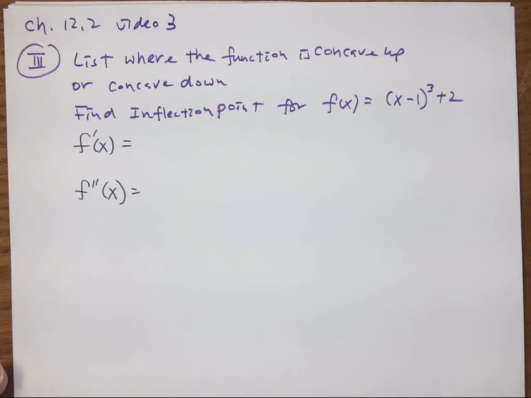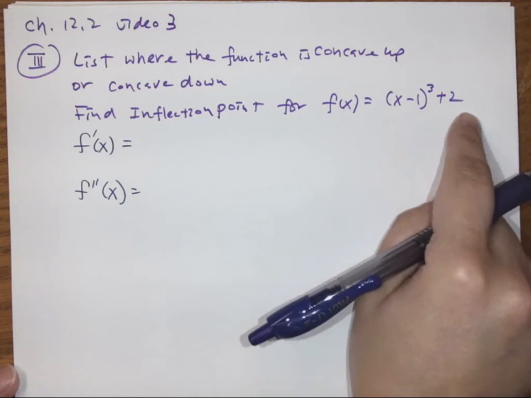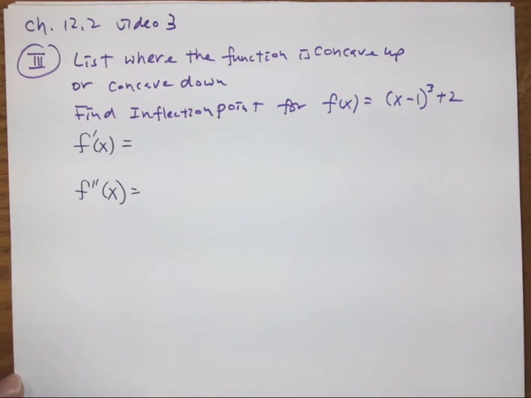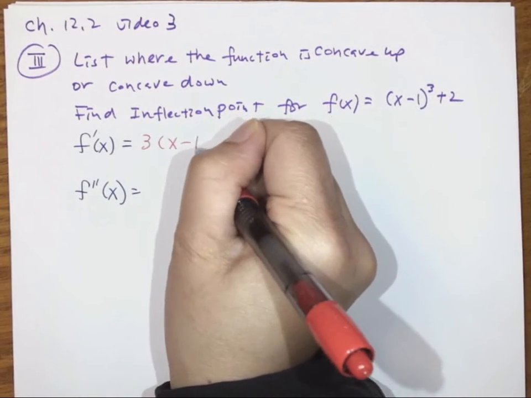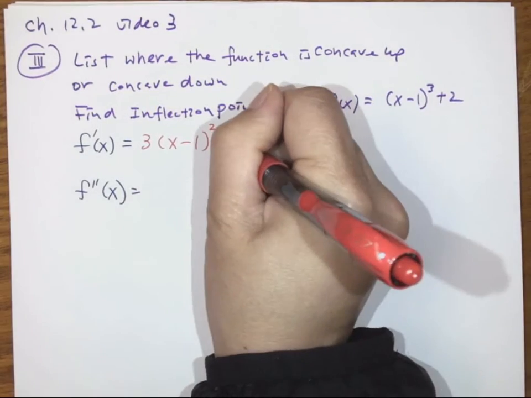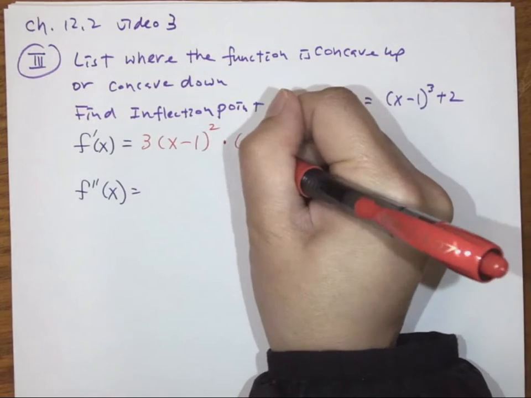So to check this with you, it looks like this one is a chain rule, and the 2 is going to turn into 0, right? So let's see. The chain rule says we bring down the exponent 3, and then for x minus 1, just subtract 1 from the exponent, and then multiply by the derivative of the inside part.